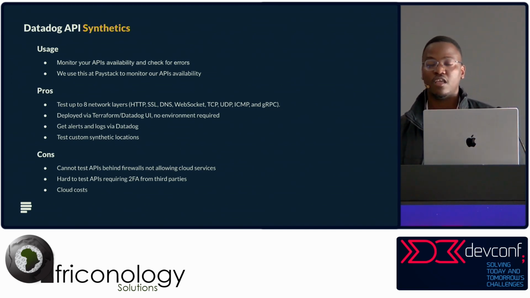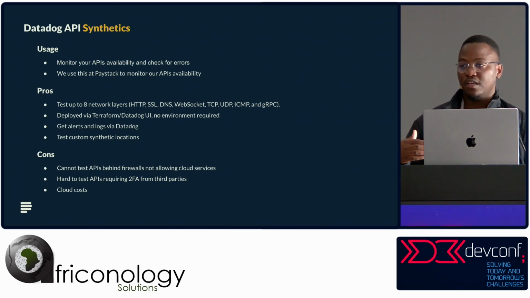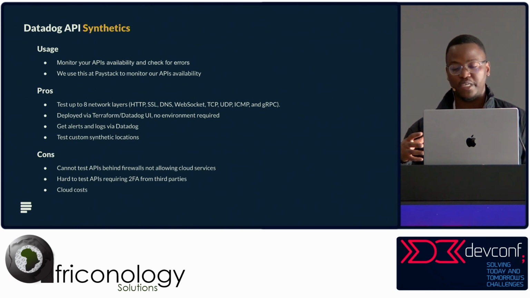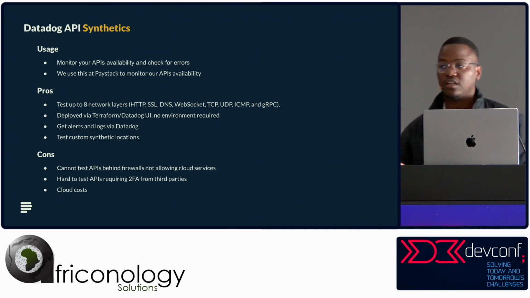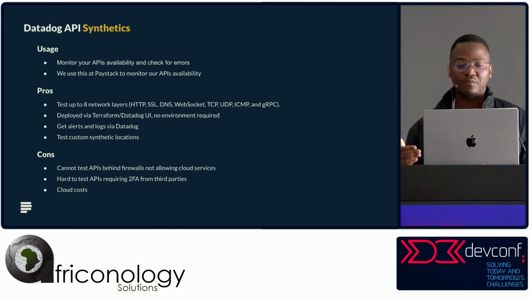For example, if you need an OTP for a specific API to be validated, it's very hard to test that, but we mainly just mock the response for those types of APIs. So there is a way to do it, it's just that there are some hurdles there. And also there are some cloud costs involved for this. It's not as bad as AWS, but there are some cloud costs involved for using Datadog.